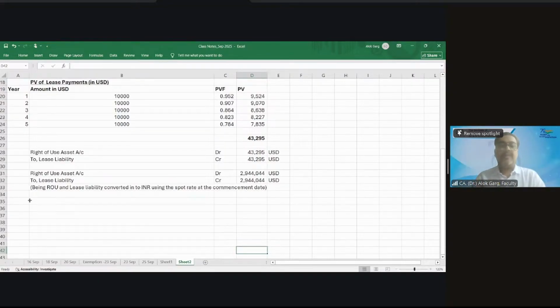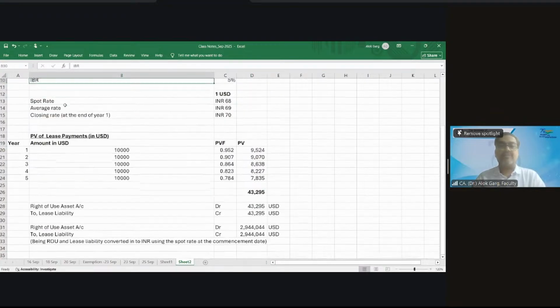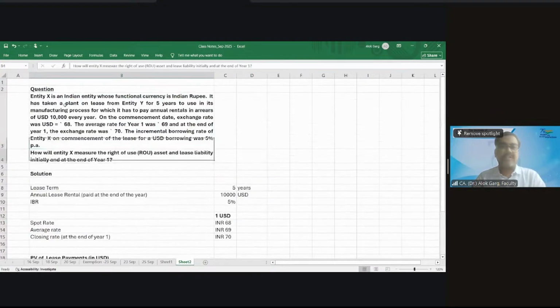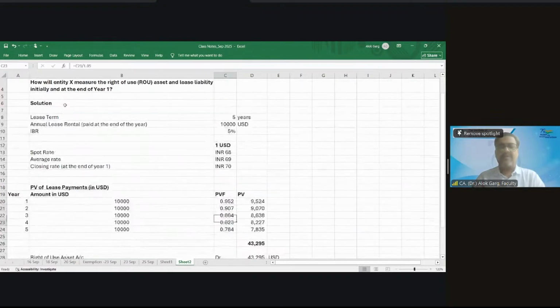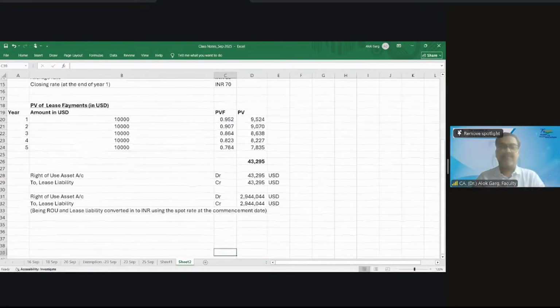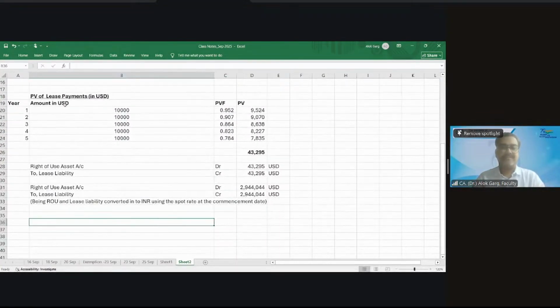Okay. Now, the ask of the question is, how will entity X measure the right of use asset and lease liability initially, at the commencement date, and at the end of year 1? Now, at the end of year 1, at the reporting date, what should I do?